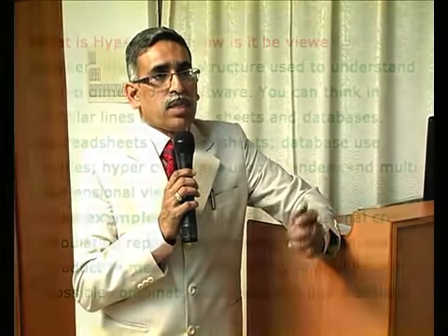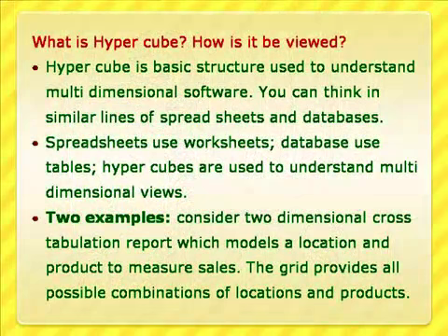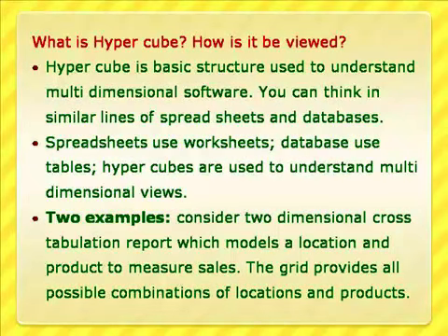Say, for example, a spreadsheet exemplifies a two-dimensional array with data cells arranged in rows and columns, each being a dimension. That means row is one dimension, column is another dimension. In a similar way, a database table is also represented in the form of rows and columns.